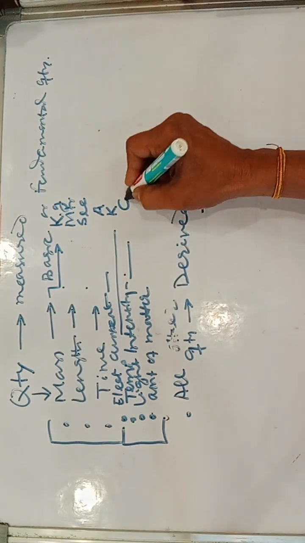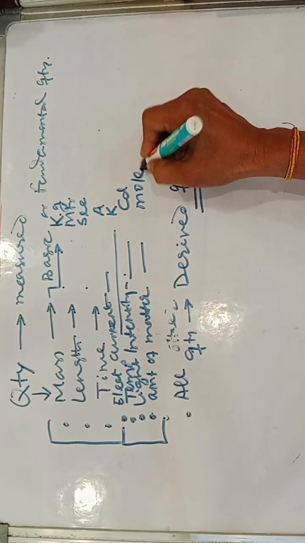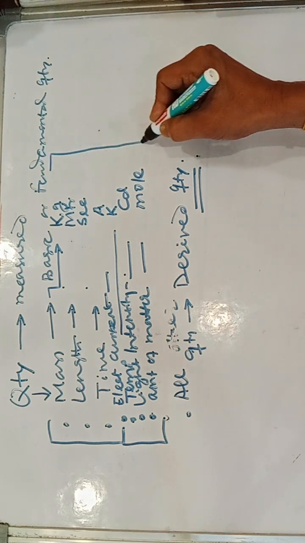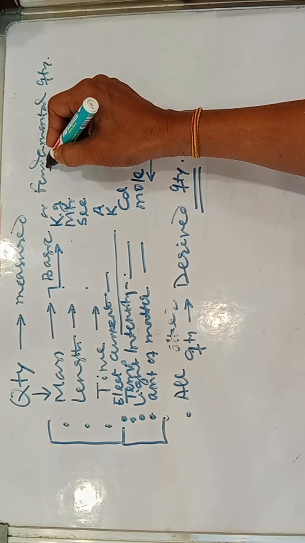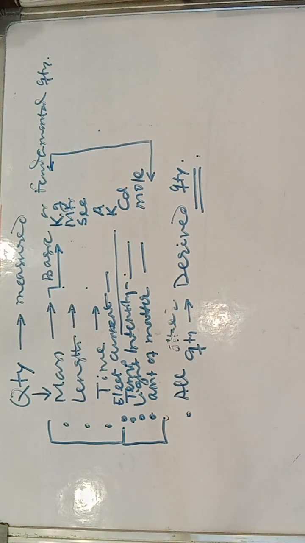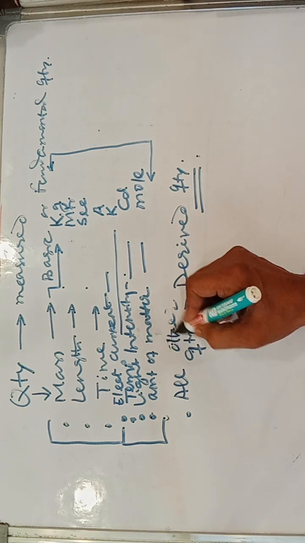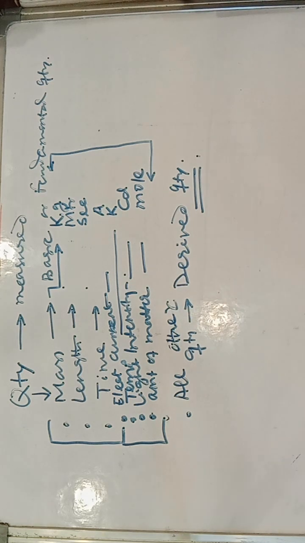Light intensity will be candela. Amount of matter will be mole. These units are internationally accepted and used in physics while doing all calculations.